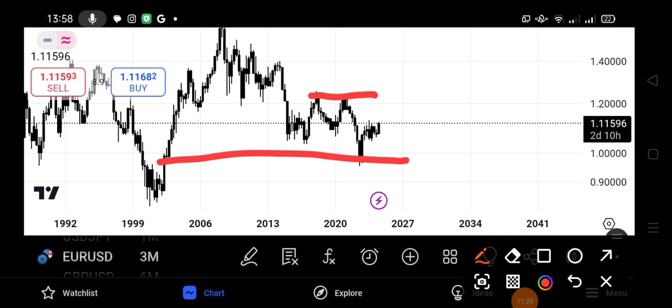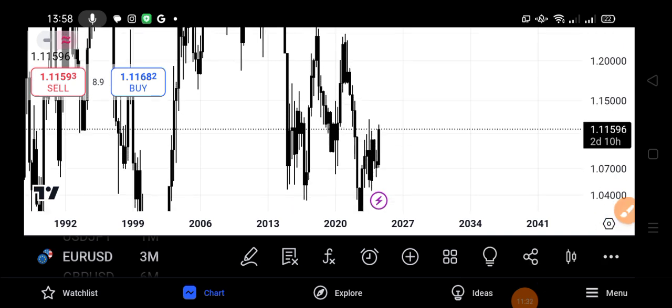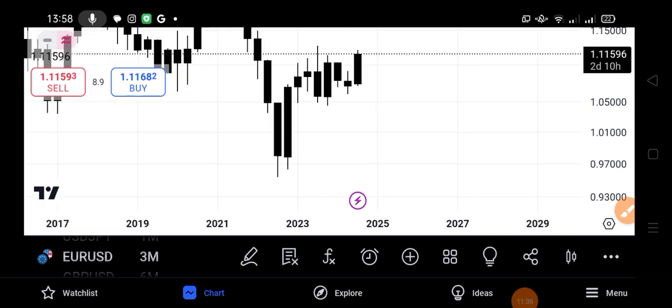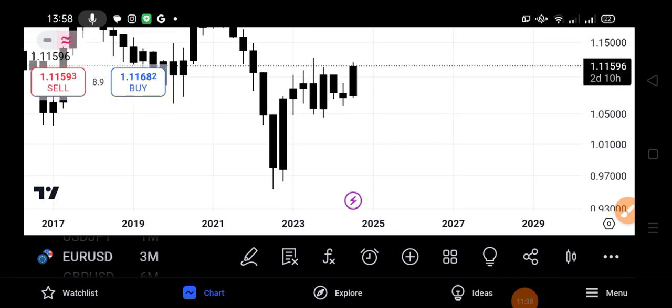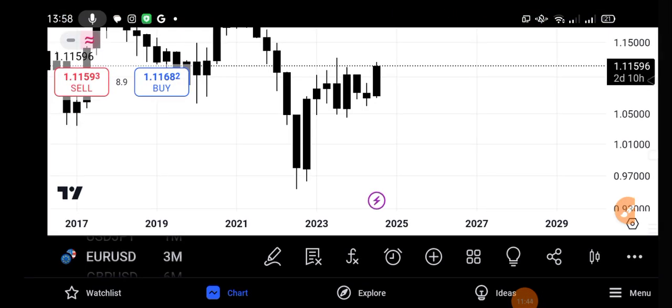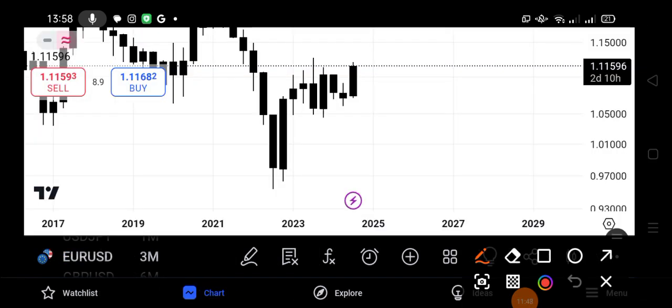But also another thing, if now you zoom in to the area that you're actually in, you'll see that in this area here, sorry guys, in this area here is a fair value gap, right?